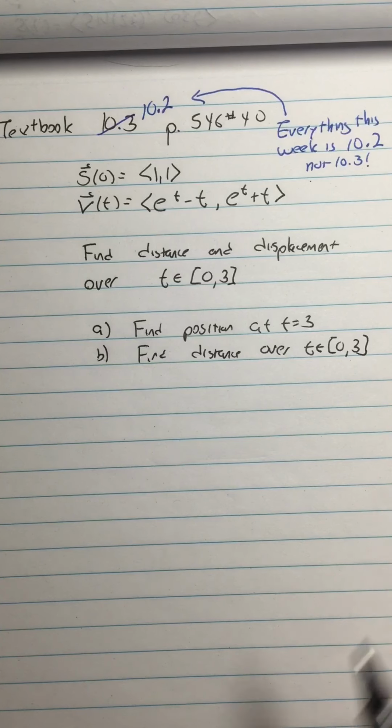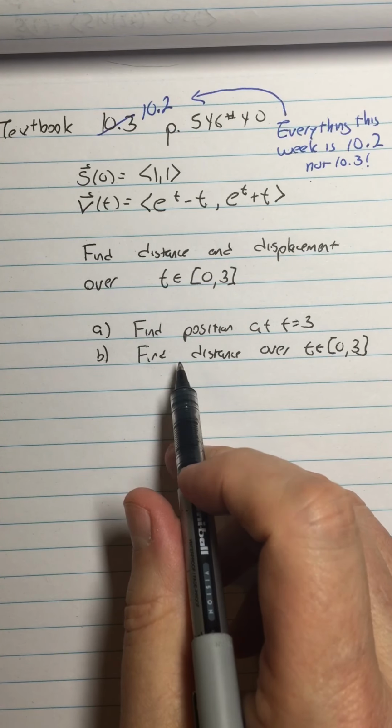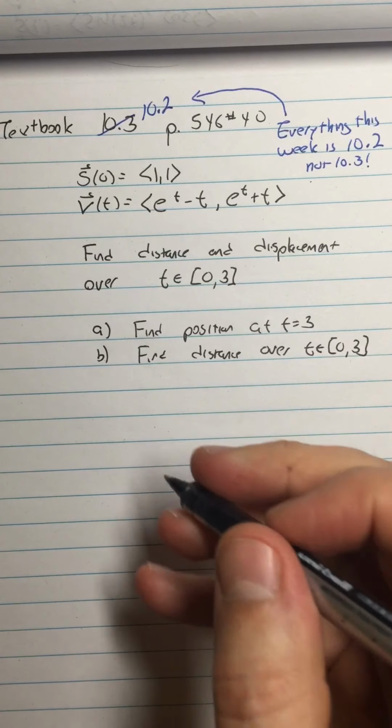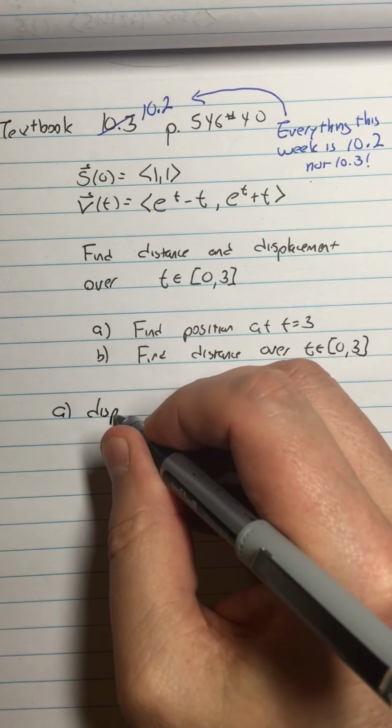So it's a little bit of a difference. All right, so let's do it. Position is related to displacement. So that's why I said distance and displacement. The first thing we need to do for part A is find the displacement.